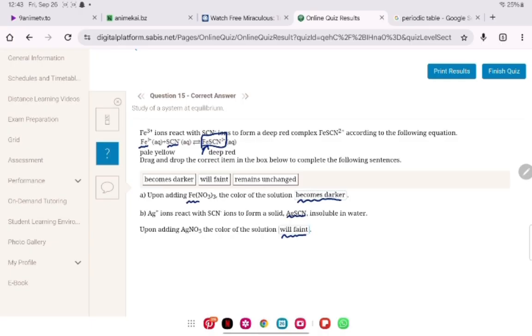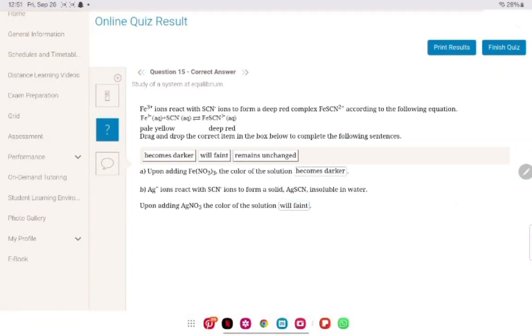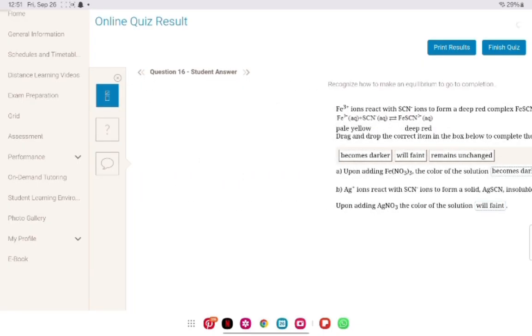I don't like these questions because they're very weird. Here, the first equation, you have to memorize it. It's the same as this one, 14 and 15. Whenever they say KSCN or Fe3, anything like that, it's going to be Fe3 plus SCN and FeSCN.